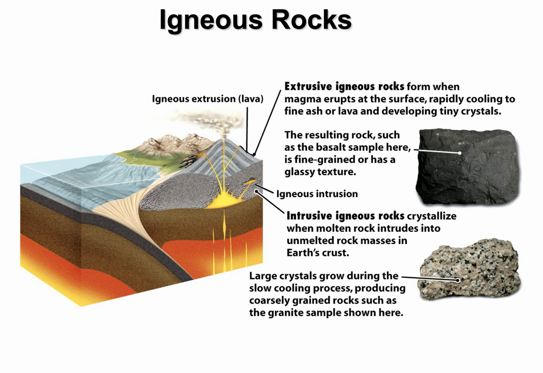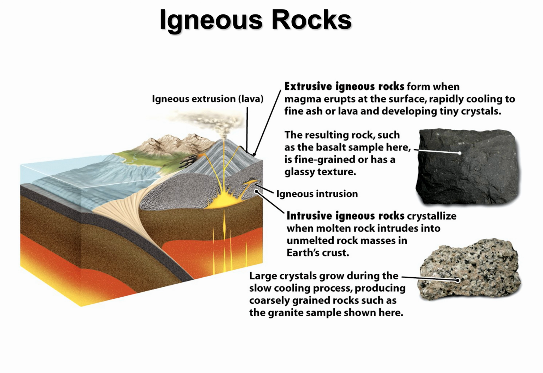Now when we are talking about igneous rocks, we can subdivide them into extrusive igneous rocks and intrusive igneous rocks. An extrusive igneous rock is formed when magma erupts at the surface.